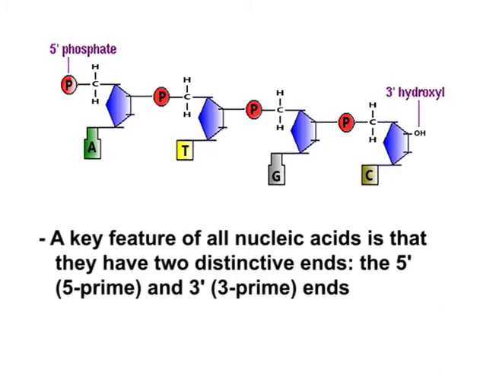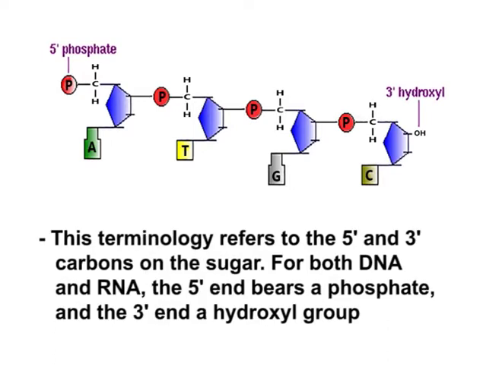A key feature of all nucleic acids is that they have 2 distinctive ends. One is the 5' and one is the 3' end. This terminology refers to the 5' and 3' carbon on the sugar. For both DNA and RNA, the 5' end bears a phosphate and the 3' end bears a hydroxyl group.